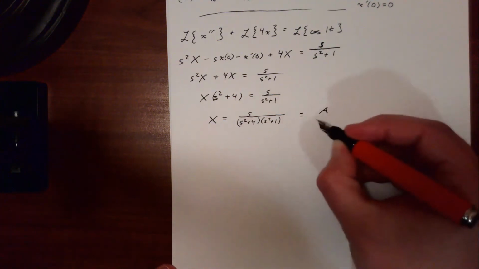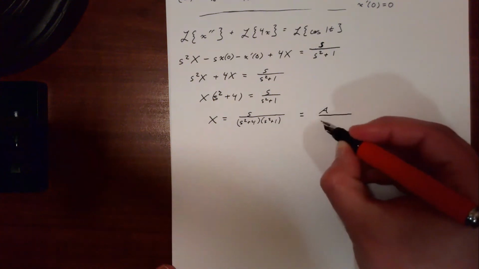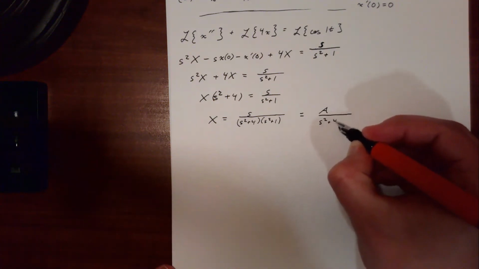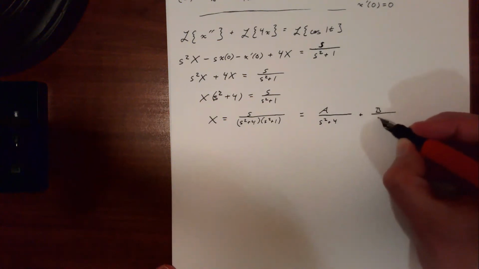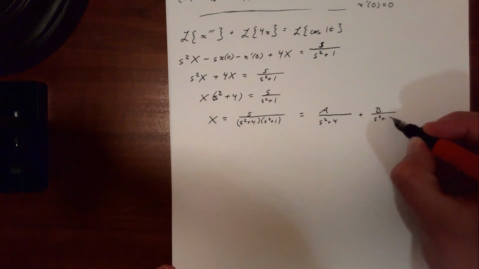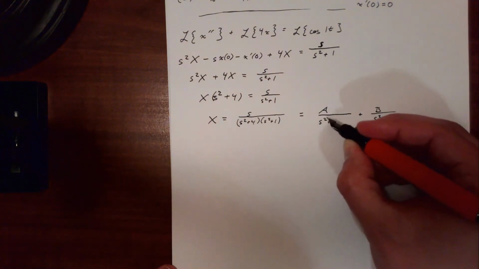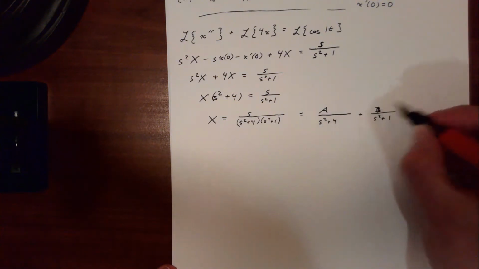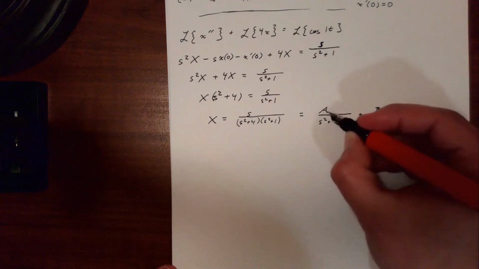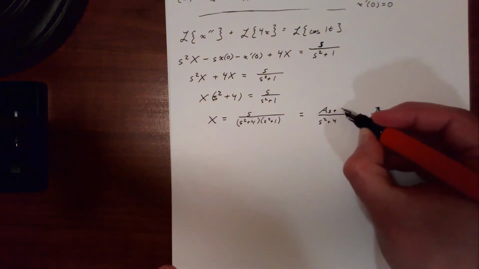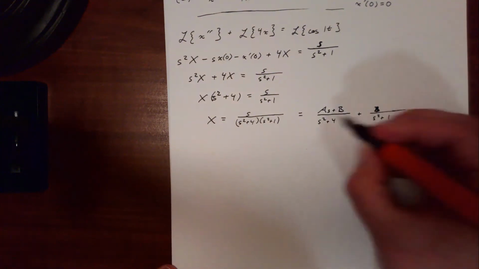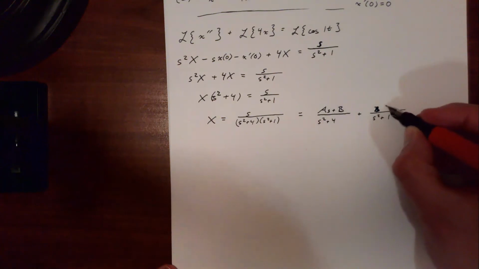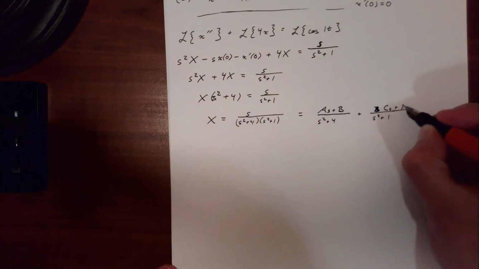So it's going to be some mystery over s squared plus 4 plus another mystery over s squared plus 1. Now, if these were only linear, I could just use A and B like that, but because they are degree 2, and that's why I'm going to change the letter here, I have to go As plus B, and I have to go Cs plus D over here.